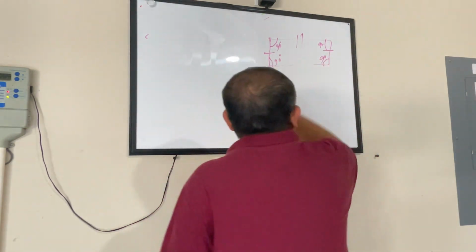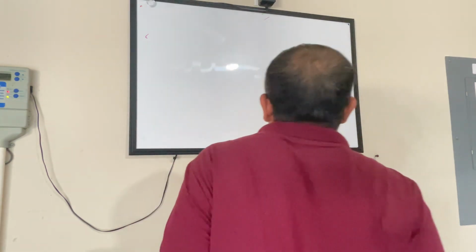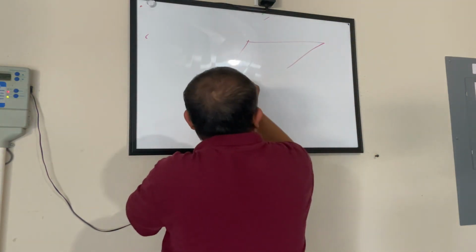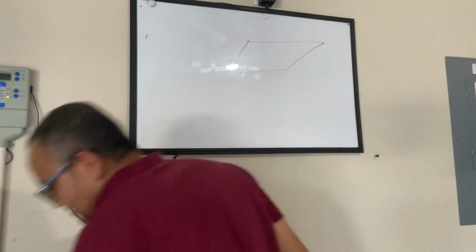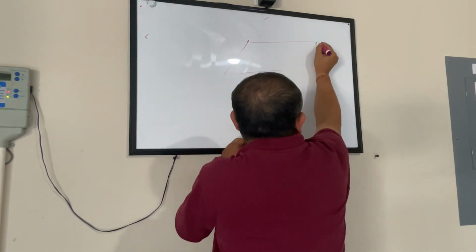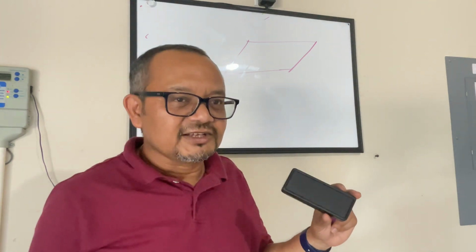Okay? Now, so we looked at square and we looked at rectangle. Let's look at one more shape called something. What is that? Can you guys tell me what is it? Parallelogram. Does it look like a parallelogram?